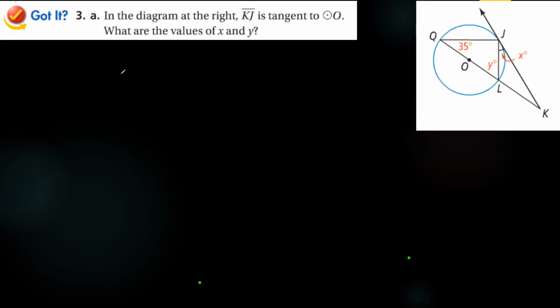So we have two chords here, QJ and LJ. And the angle LQJ is 35. We are going now to find the measures of angles X and Y.